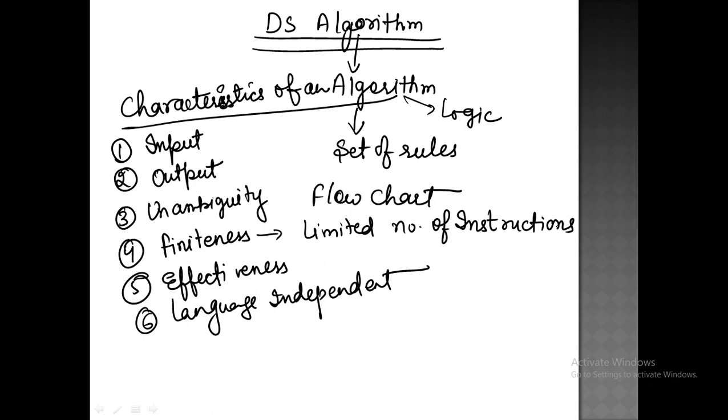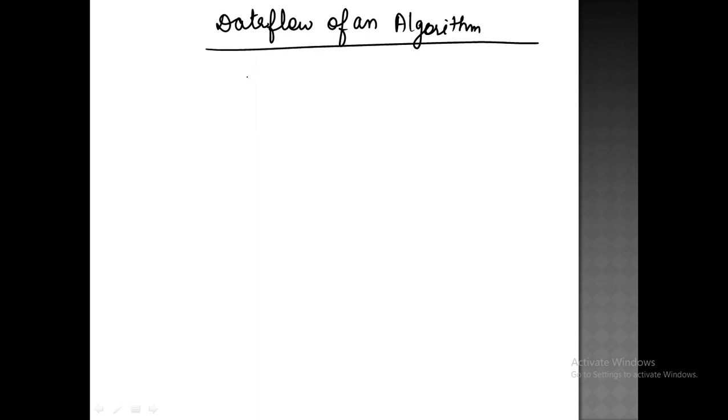Now, next topic is data flow of an algorithm. First, we will see what is the problem.